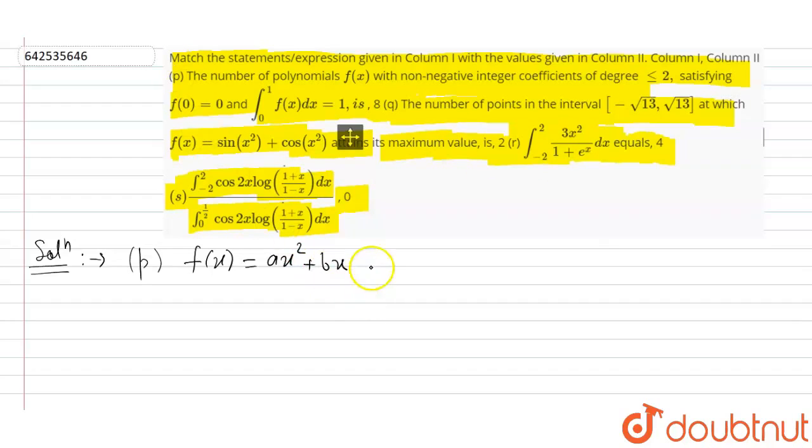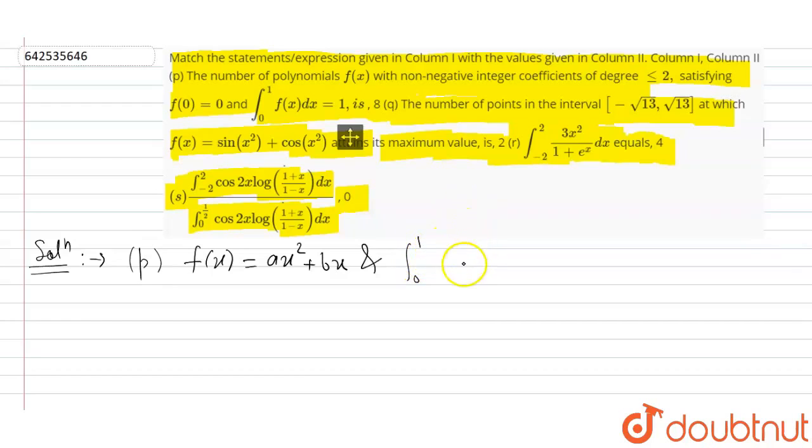Now f(x) is equal to ax square plus bx. According to the question, f(0) is equal to 0, and also the integration of f(x) dx from 0 to 1 is equal to 1.